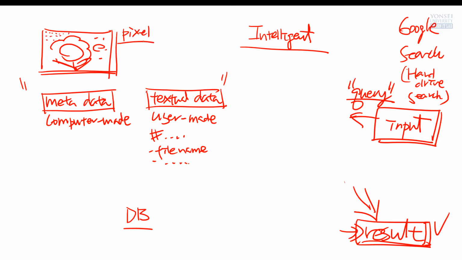A pixel is an atomic unit for representing this kind of 2D image, JPG images, right? So how many pixels?